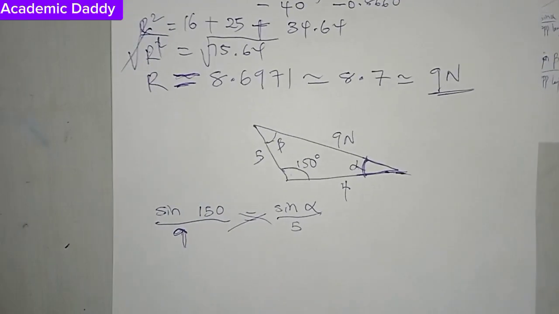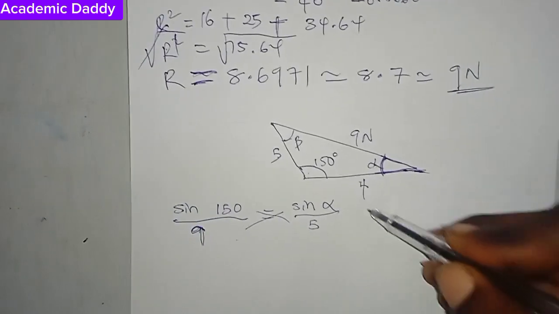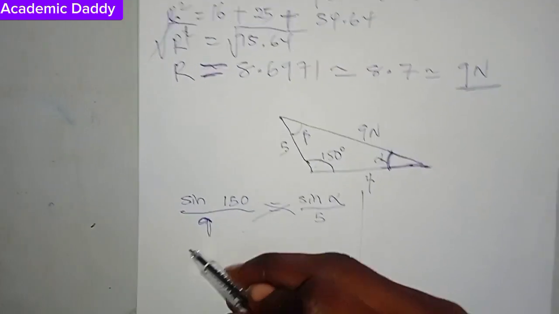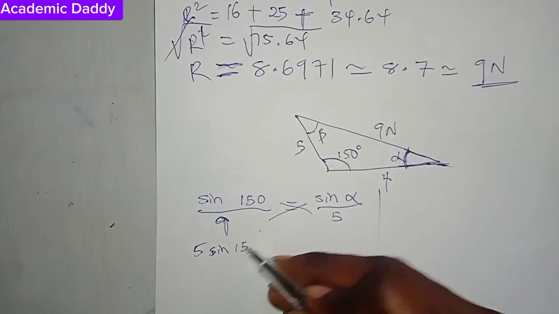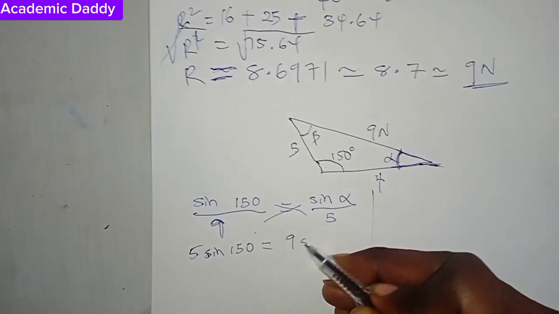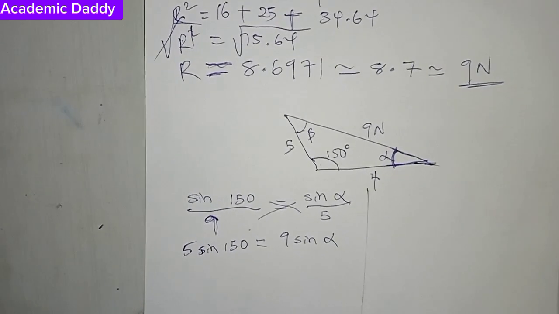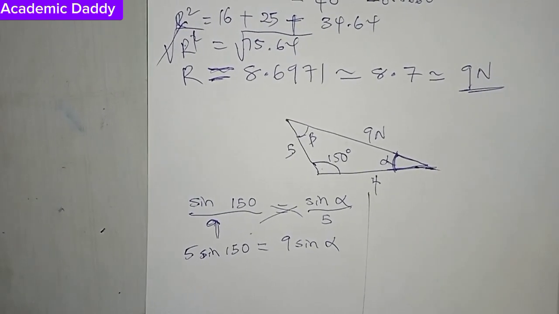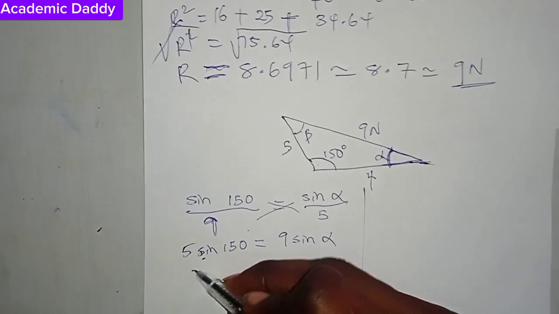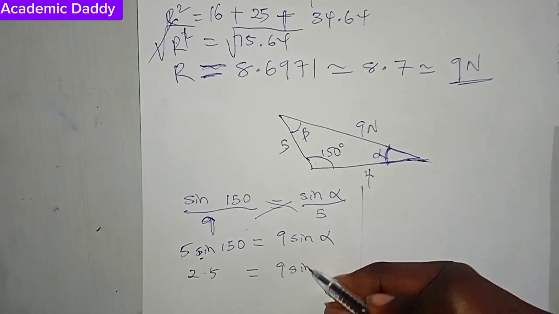By the time I cross multiply, I will get 5 sine 150 is equal to 9 sine alpha, and 5 sine 150 will be 2.5, equal to 9 sine alpha.